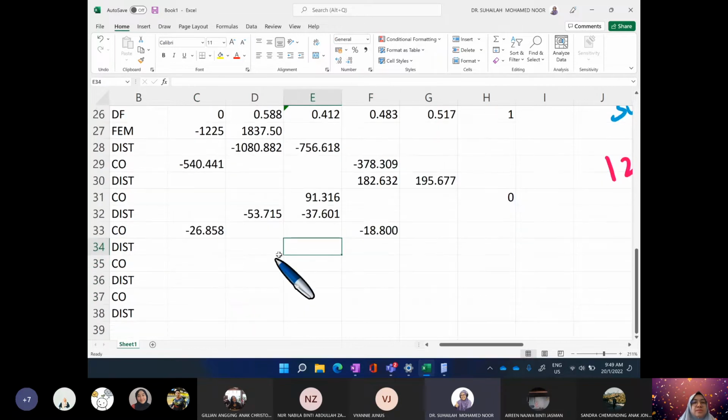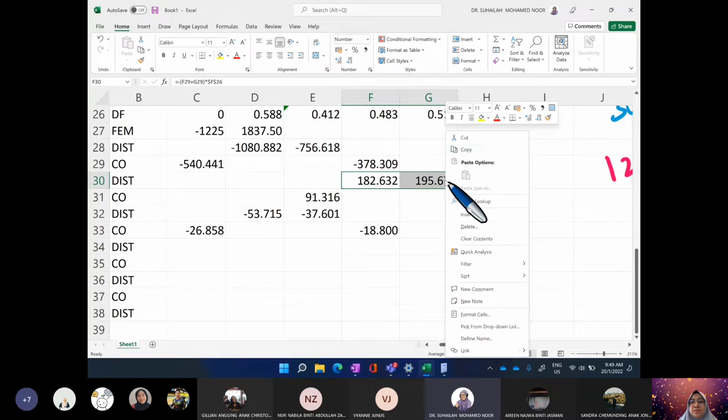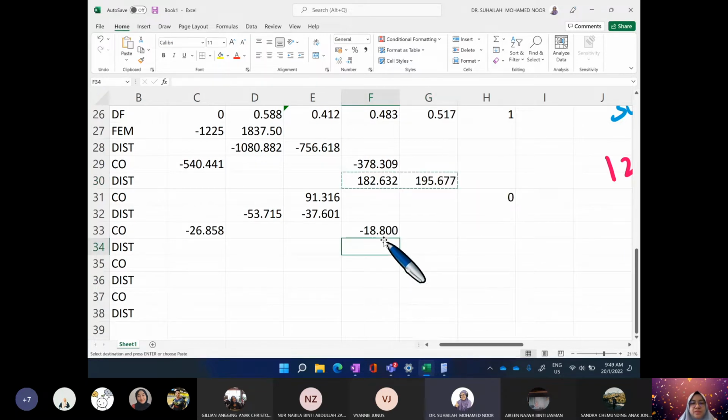Okay, and then repeat again the process. This one I just need to copy the formula. And then I get the value. And make sure to check whether the value is 0 or not.